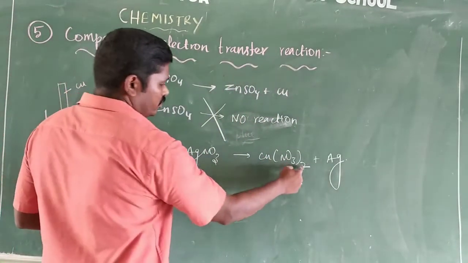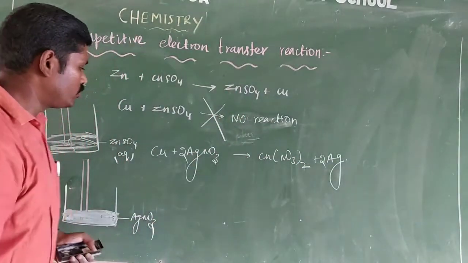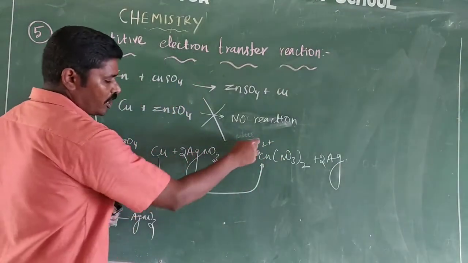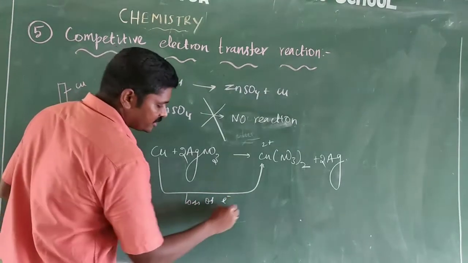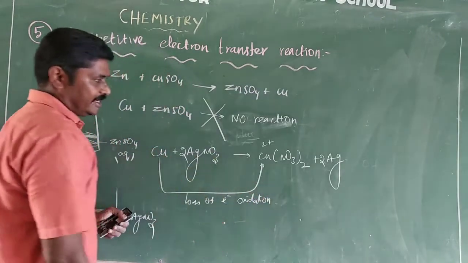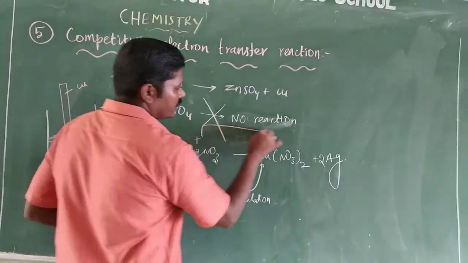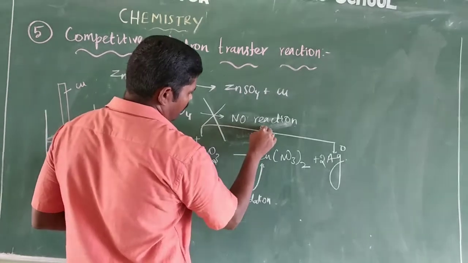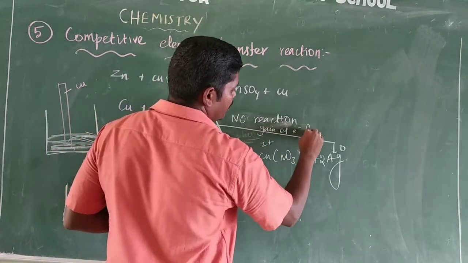So NO3 twice. Copper to copper 2 plus is loss of electrons, oxidation. Ag plus to Ag 0 is gain of electrons, reduction.